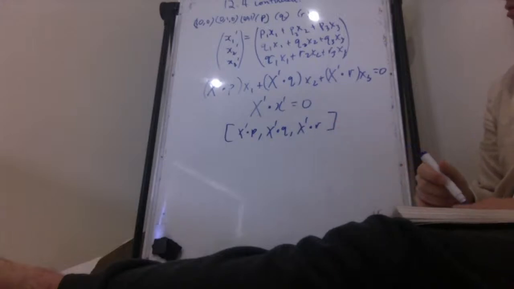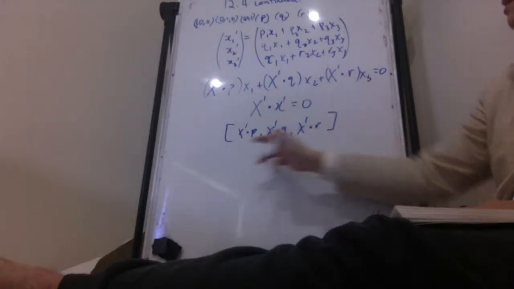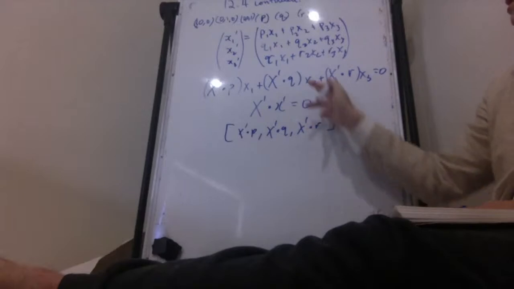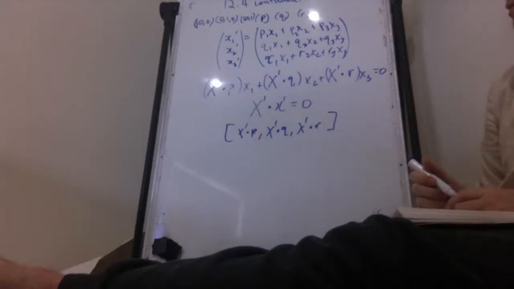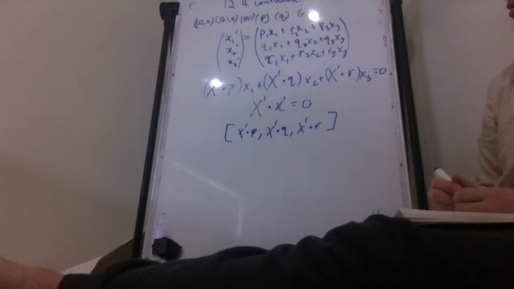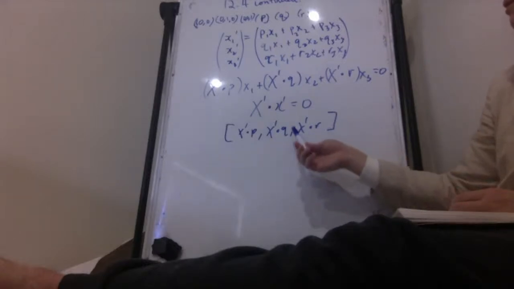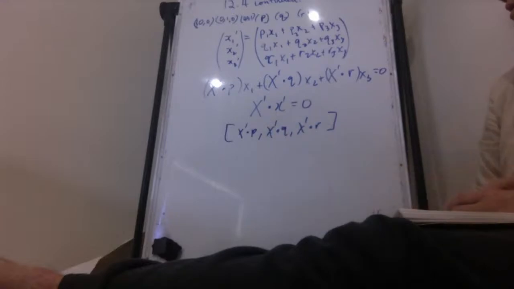Remember, this is like the equation of that line with these coefficients, and you sub those points in, and it's equal to 0. So when little x lies on this line, then the image lies on the x prime line.